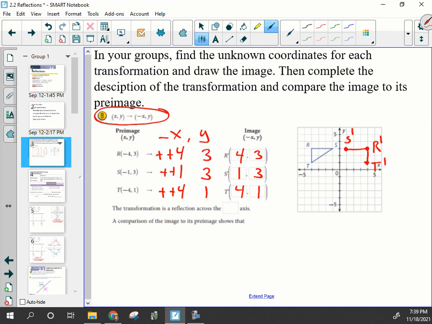Connect those 3 points to get my triangle R prime, S prime, T prime. What you will notice is this transformation is a reflection across the y-axis, the y-axis being the axis that runs straight up and down. And it's a reflection over that y-axis.